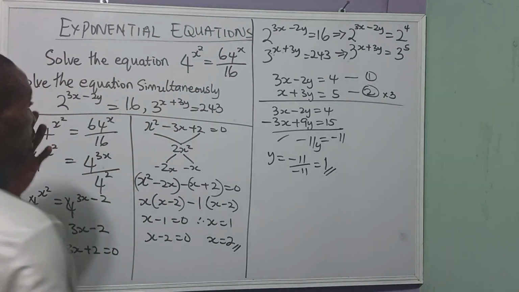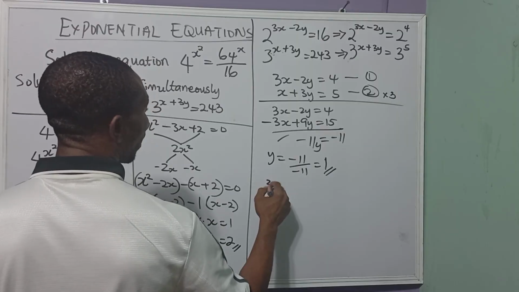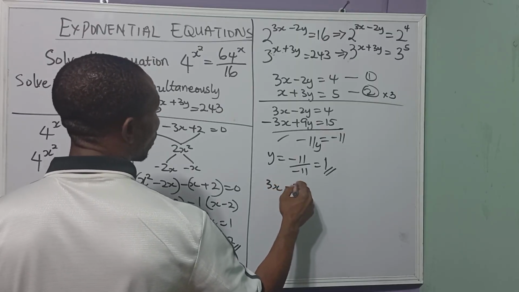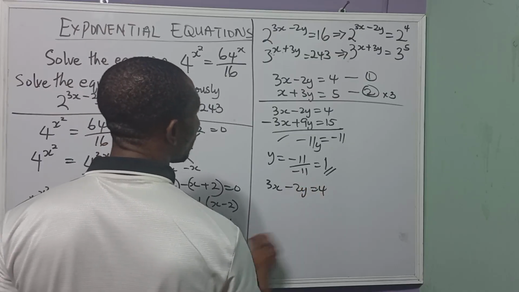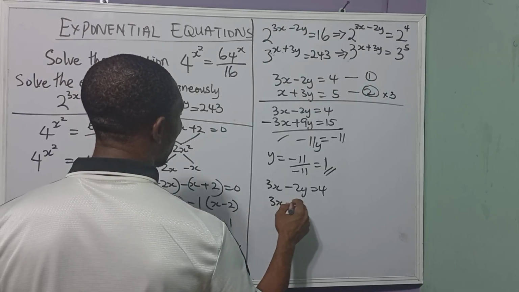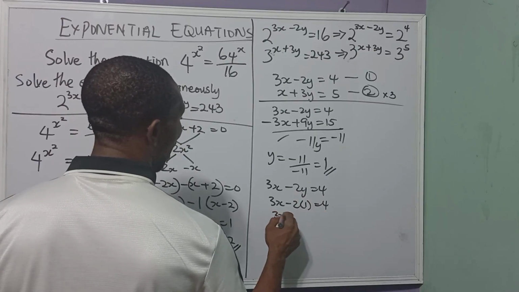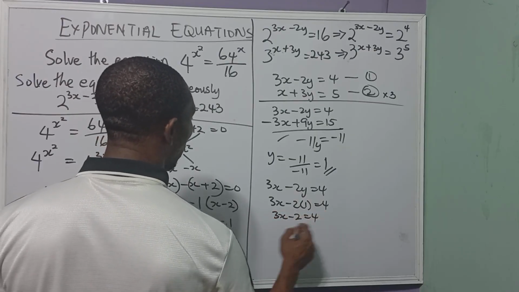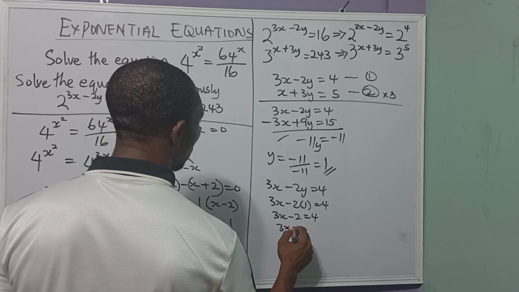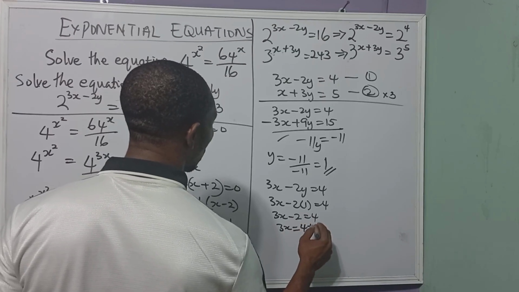Now substituting y into equation 1, we have 3x minus 2y equals 4. Y is 1, so this gives us 3x minus 2 times 1 equals 4. So 3x minus 2 equals 4, and 3x equals 4 plus 2.